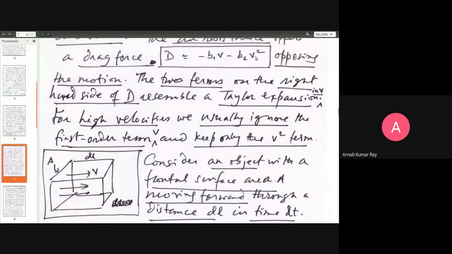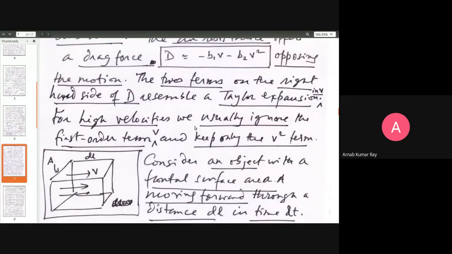Anybody who has had to bicycle through a waterlogged street in a city like, let's say, Mumbai, in the monsoons, there is always constant waterlogging. You would know what I'm talking about. So bicycling through water is far more difficult than bicycling through air. Usually if you're bicycling through air, then you will attain higher velocities, so we keep the V squared term and neglect the first power term.